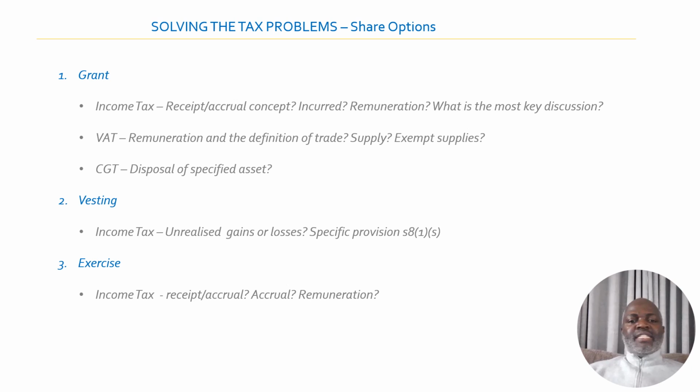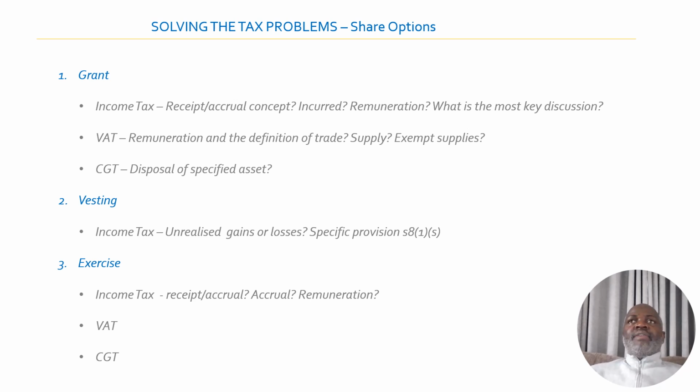At exercise date, I've already mentioned what happens here. Section 8C kicks in. There's that remuneration story we're discussing. And all those unrealized gains or losses have now been realized. VAT, again, look, these are exempt supplies. If this was between employer-employee, there's no VAT because it's excluded from the definition of trade.